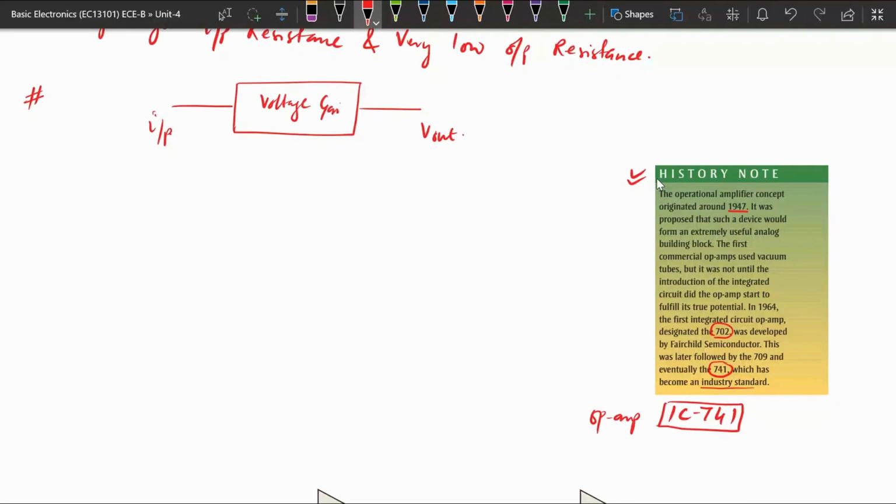This is V input and this is V output, and the gain is represented by A V. A is for gain and V for voltage gain. So from this representation, V output will be the gain multiplied by the V input. This is the basic concept of a voltage amplifier.